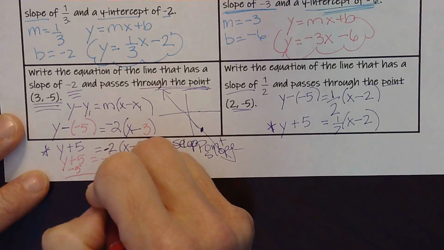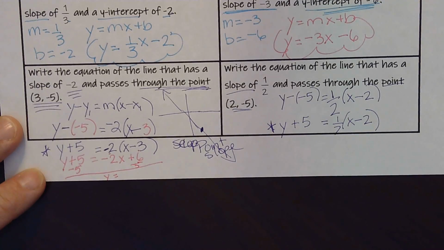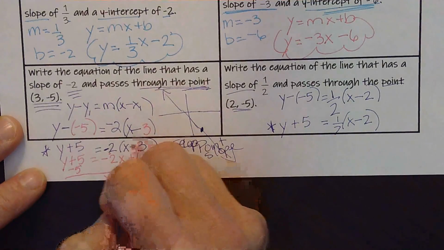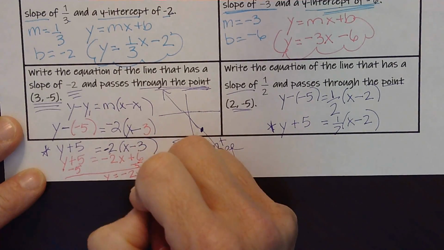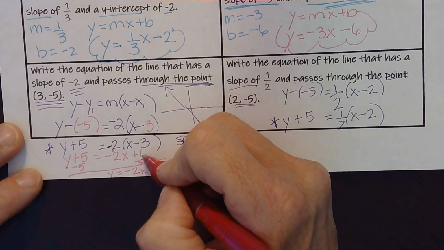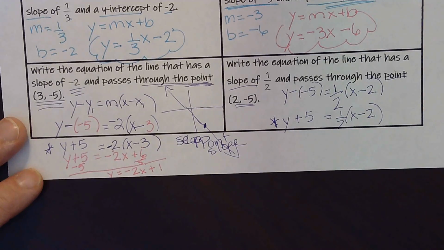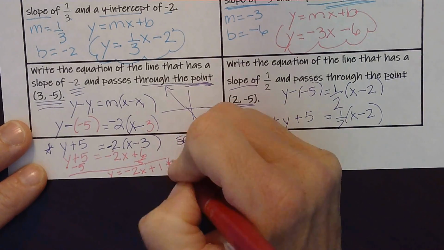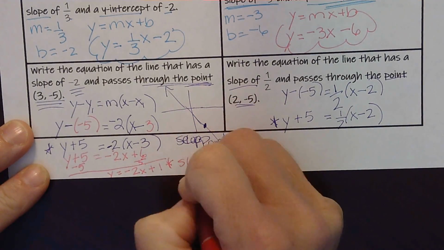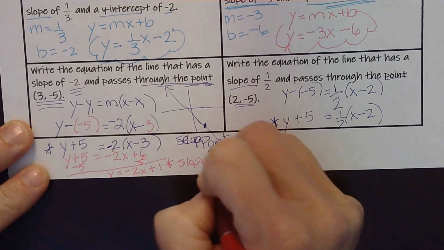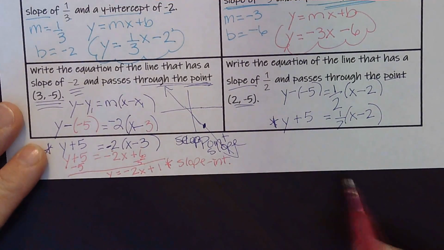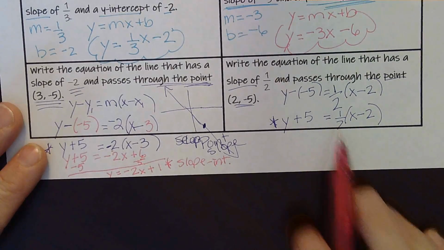And I end up with y equals, this is squished in here, I'm sorry, negative 2x plus 1. Positive 6 minus 5 gives me positive 1. And so this equation is in slope-intercept form.